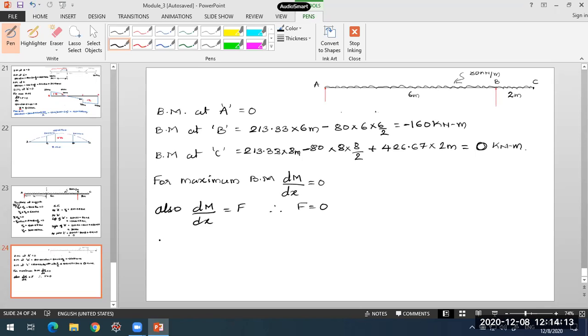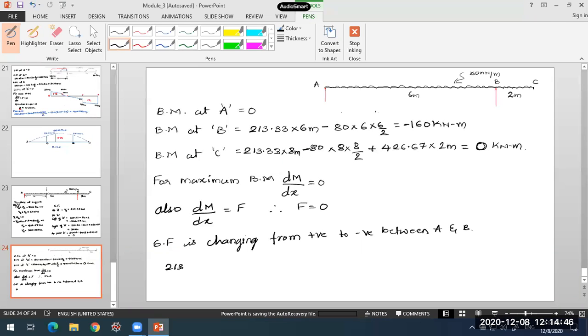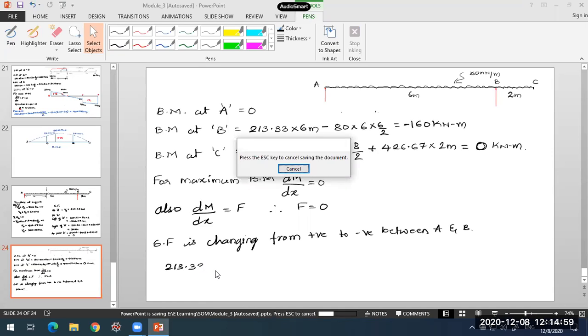So from the values of shear force, this shear force is changing from positive to negative between A and B. So the shear force here, 213.33, VA, minus 80 into x should be equal to 0.